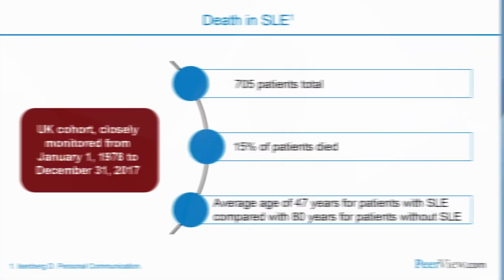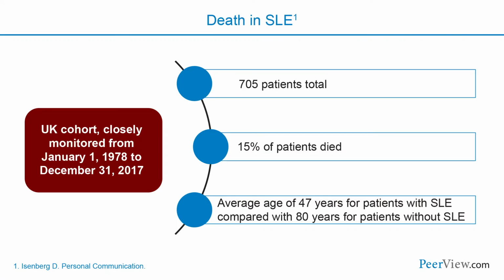So how is this possible? I want to show you the impact of this. This is a slide shared by David Isenberg, a rheumatologist in London. And he has a very closely monitored cohort, so he's able to track who died. Of his 705 patients, 15% died during this follow-up, and their average age at death was 47.